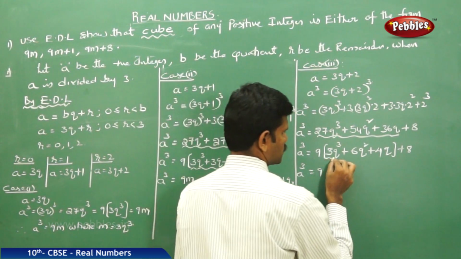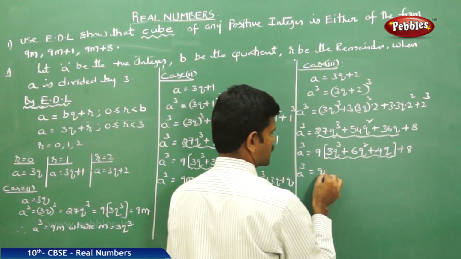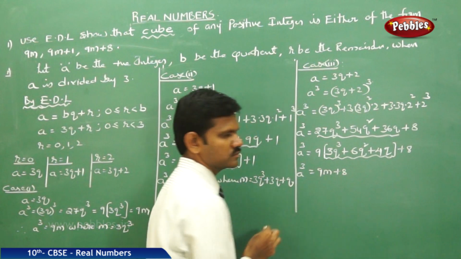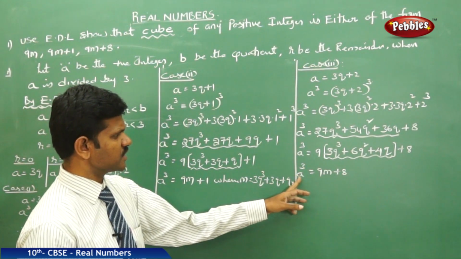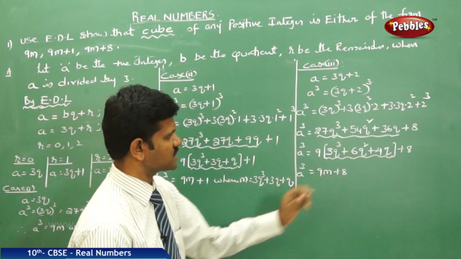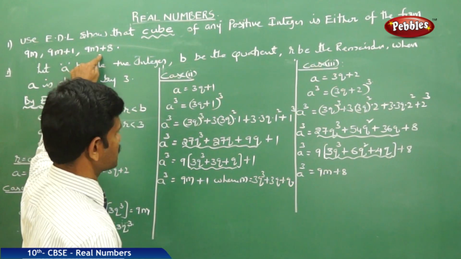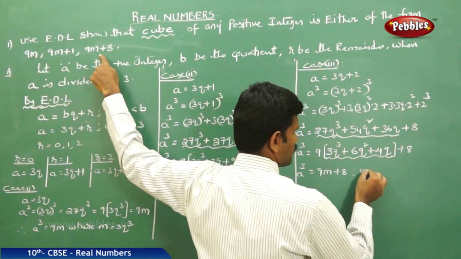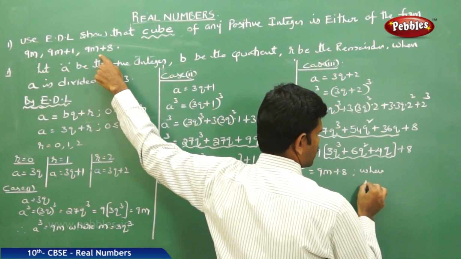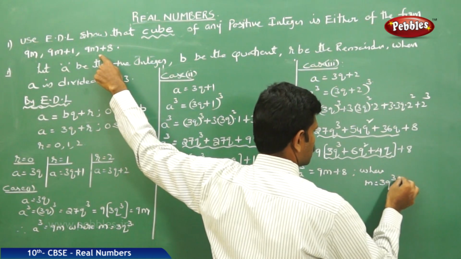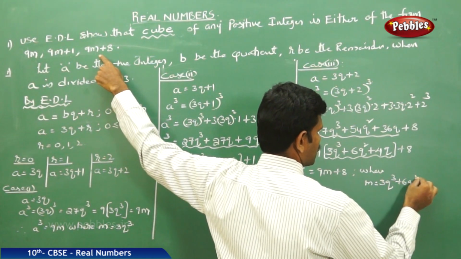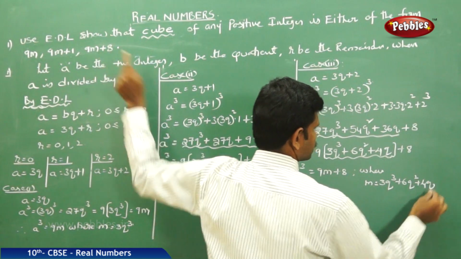That is a cube is equal to 9, the total part I considered as m, plus 8. Therefore cube of any integer is of the form 9m plus 8, where m is equal to 3q cube plus 6q square plus 4q.